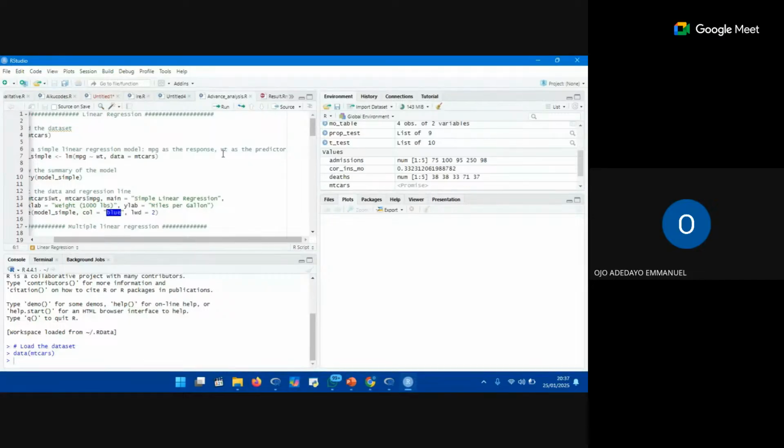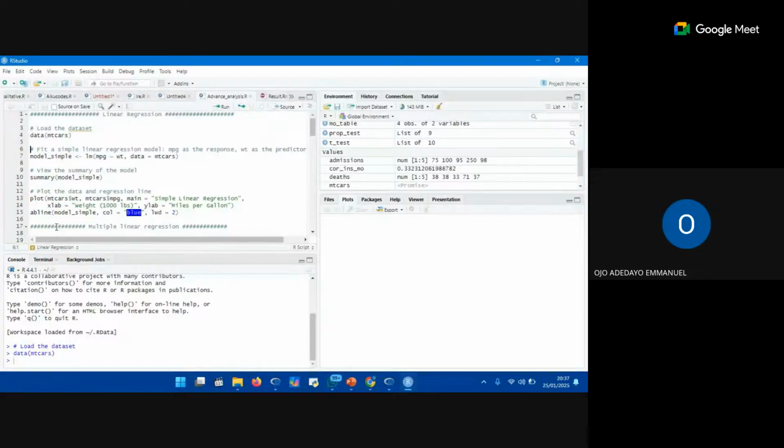Remember that under simple linear regression, we only have one dependent variable and one independent variable. The one dependent variable here is MPG, and the one independent variable here is the weight of the car.